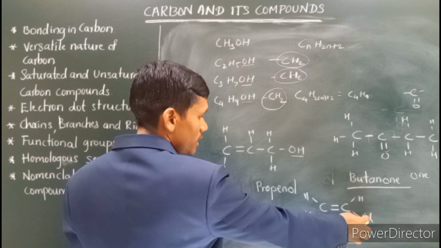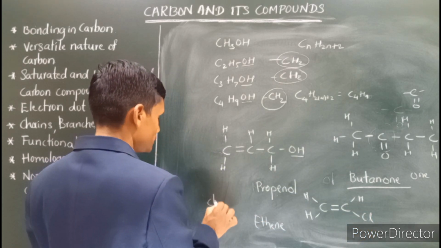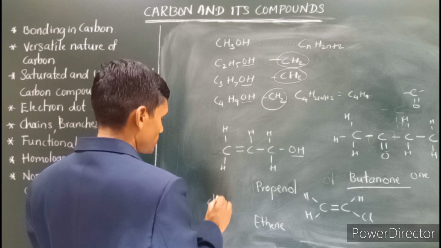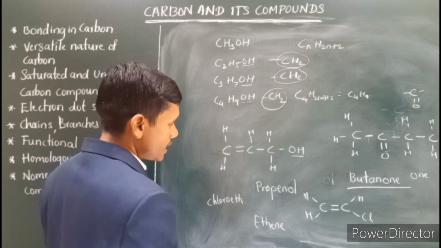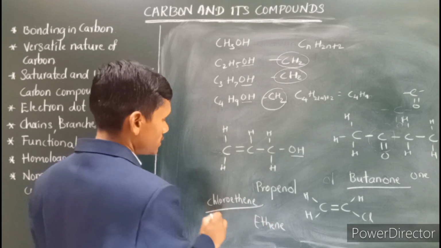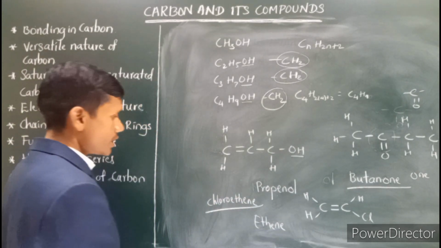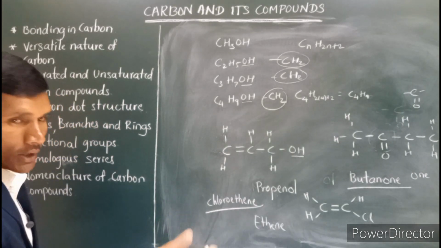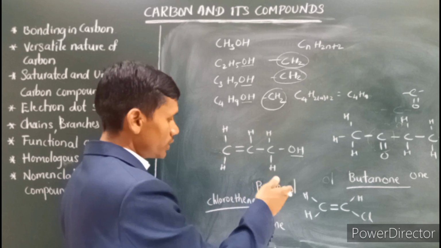Now since chlorine is there, you have to name this as chloro. You cannot say chloroethane; it is chloroethene because of the double bond. If it is a single bond, chloroethane it would be. Since there is a double bond between the carbon atoms, that is chloroethene.